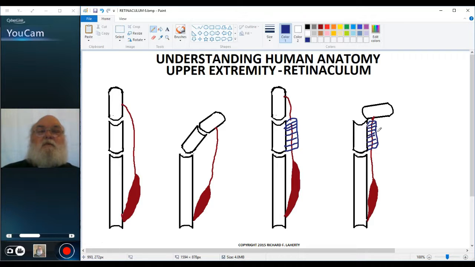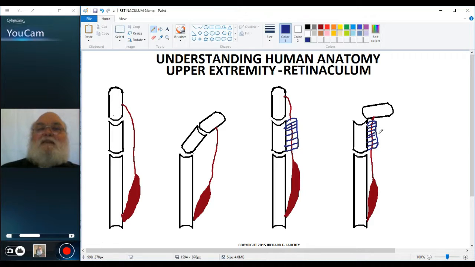So you can see the retinaculum prevents the tendon from pulling away from that middle bone and bowstringing. And you also see that the amount of flexion at that distal joint is increased because the muscle is much more effective with a retinaculum.